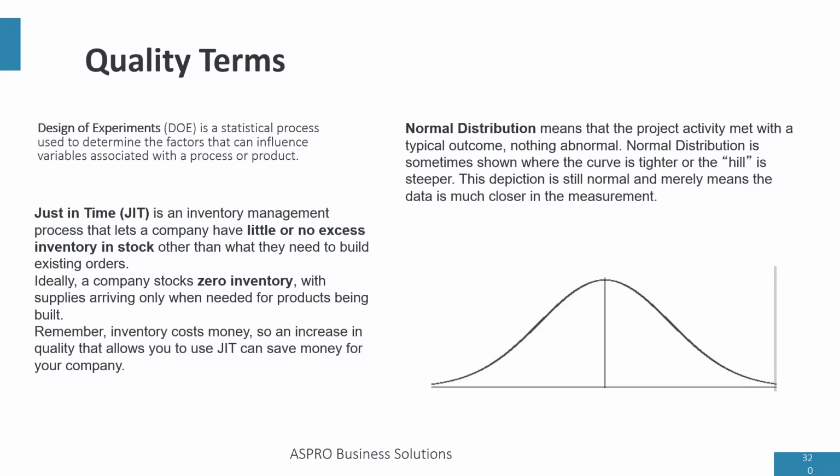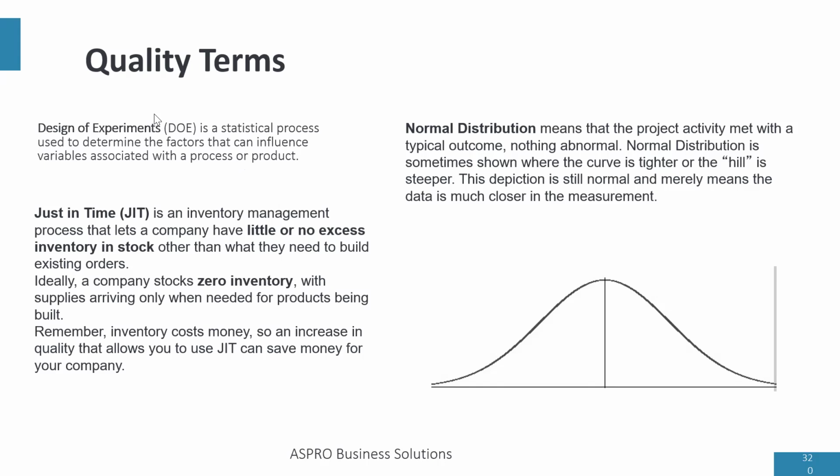Let's talk about some quality terms like design of experiment and just in time. So when we talk about design of experiments, we're talking about a statistical process that is used to determine the factors that can influence variables associated with a process or product.